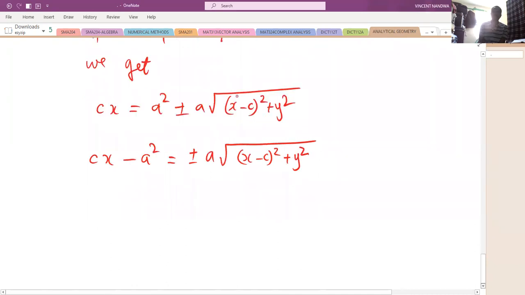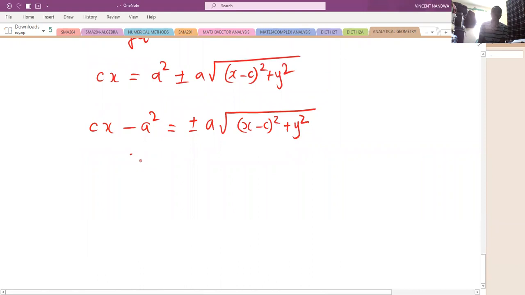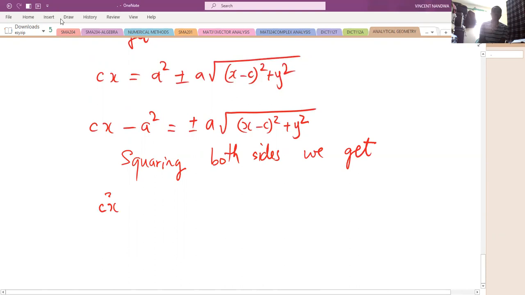Now also to move this one, you square both sides. So squaring both sides, we get c x minus a squared, squared.